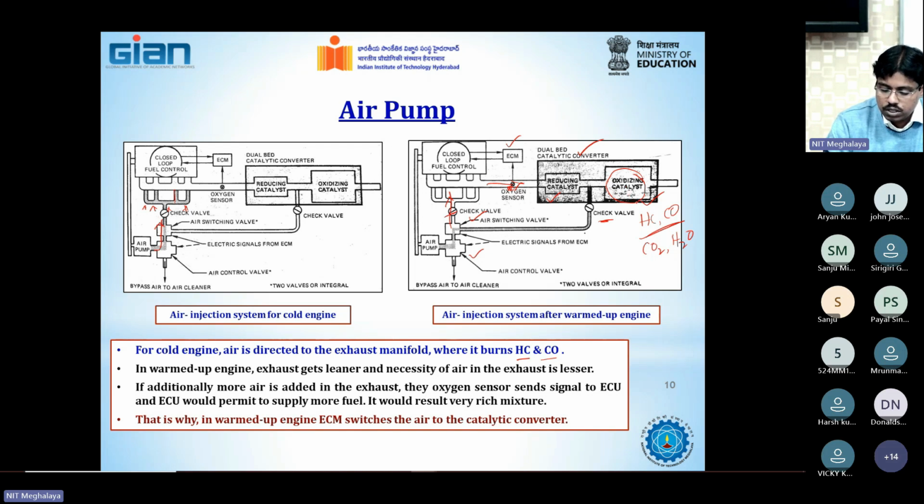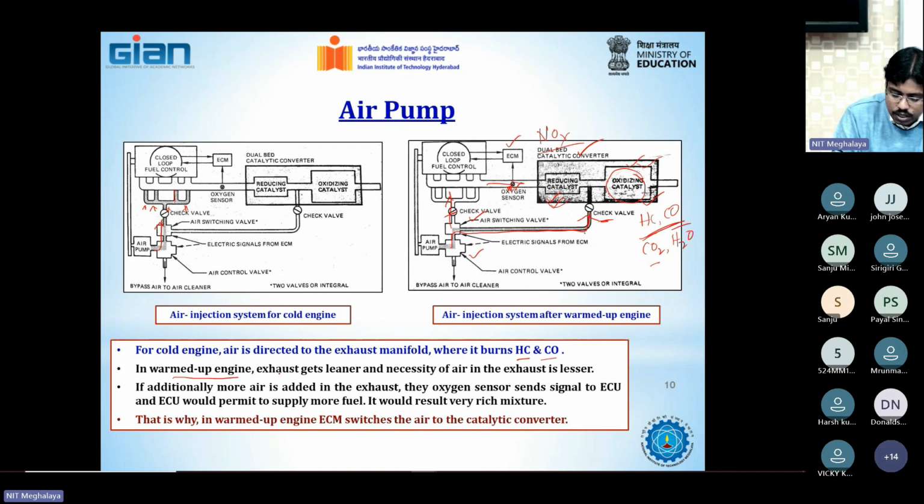So for the oxidation stage to operate appropriately, you require the air to be directed to the catalytic converter after the reducing stage and before the oxidation stage, because the reducing stage is there only for the reduction of NOx. The oxidation stage is there for the conversion of hydrocarbons and carbon monoxide. So that is what is mentioned over here.